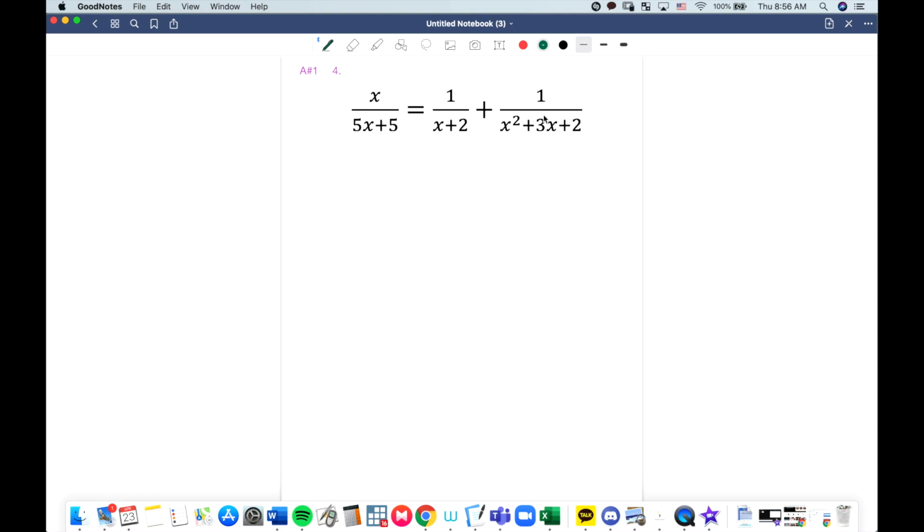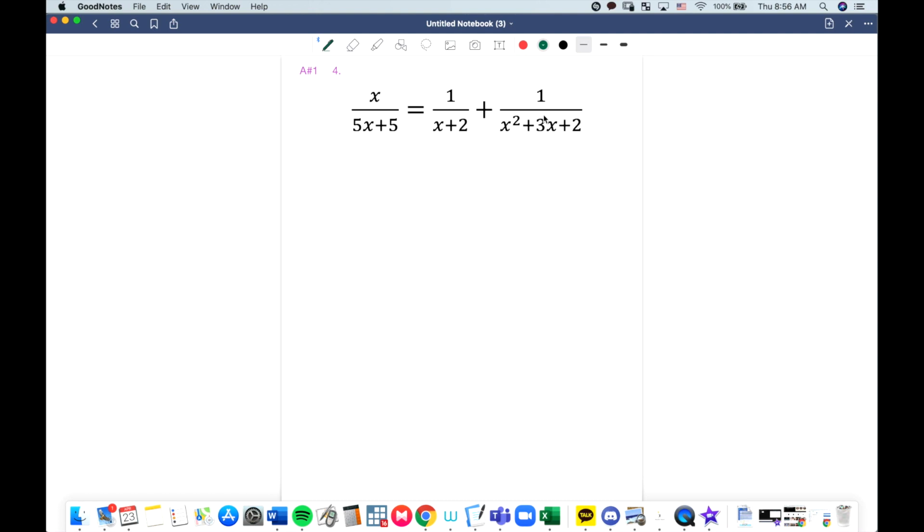So the key point is to have the common denominators across the entire problem. The best way to see that with a problem that looks as complicated as this one is to factor everything out. Factoring is when you're breaking things apart.